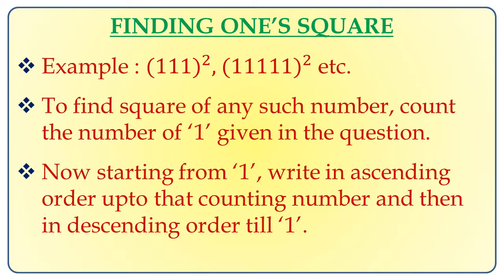That will be our answer. Suppose our example is triple one. How many ones are there? Triple one. What will we do? We will write 1, 2, 3 in ascending order. Then from here descending order 2, 1. Let us take a few examples to understand this concept in a clear cut way.